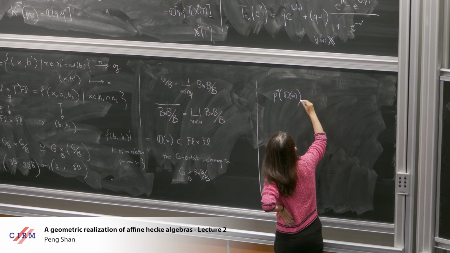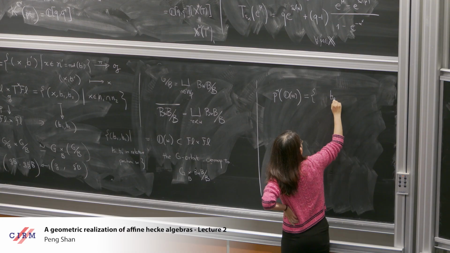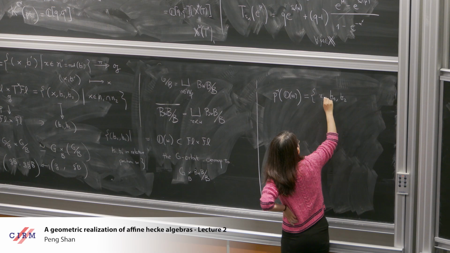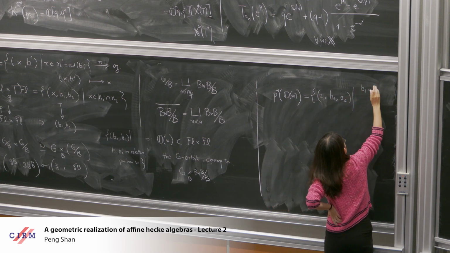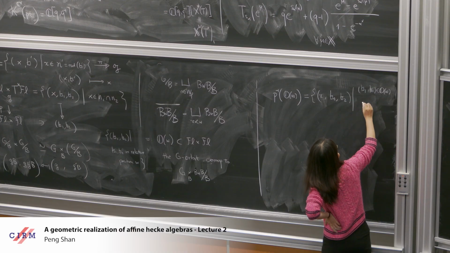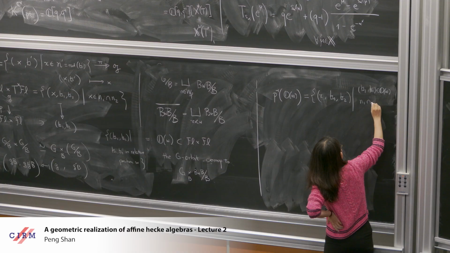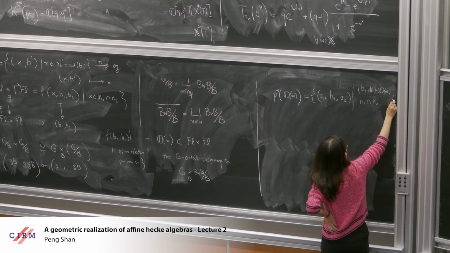By our description, I have a pair of Borel in relative position W, so (B1, B2) belongs to O_W, and then its fiber at this point is just the intersection of the corresponding Borel.